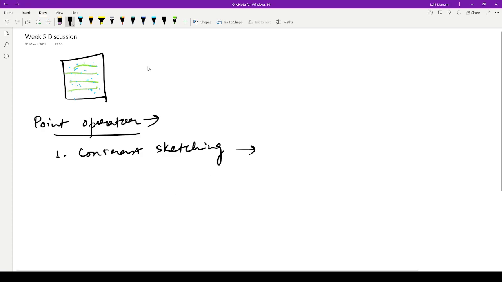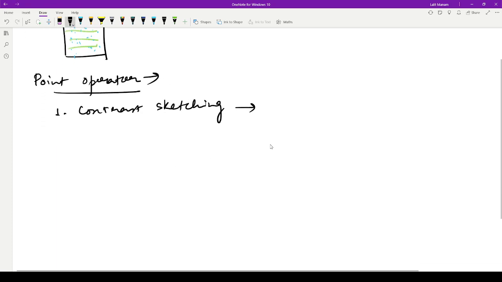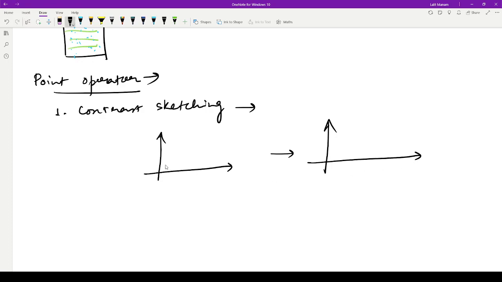It will transform one histogram to another histogram. And what's the aim? The aim is to get a uniform PDF. I'll just simplify those words. Contrast stretching means these are the intensity values and this is the count of those specific intensity values.